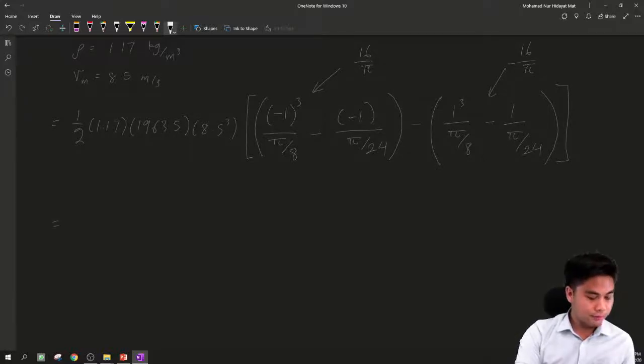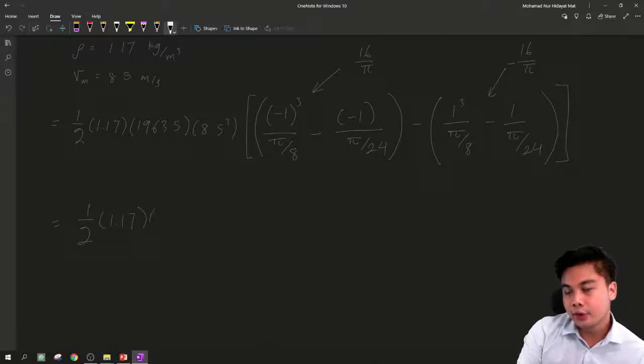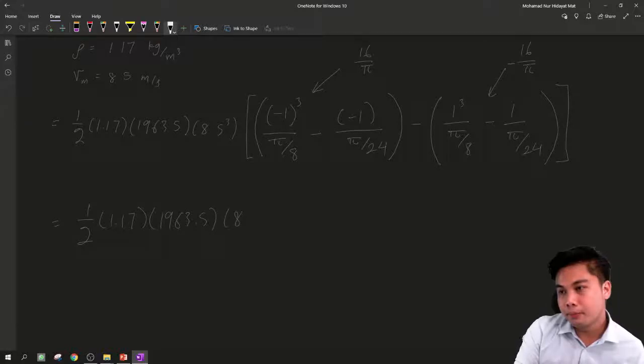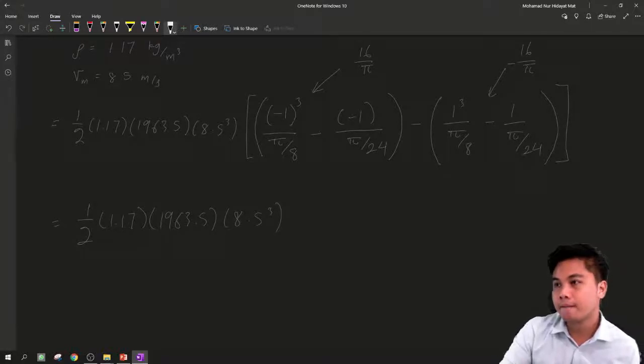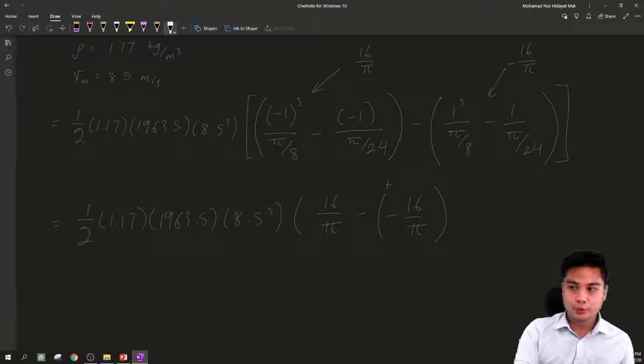So you try to solve this, you will get 1/2, 1.17, 1963.5, 8.5 cubic. And then this one, 16 pi. This one minus 16 pi. This is minus positive.